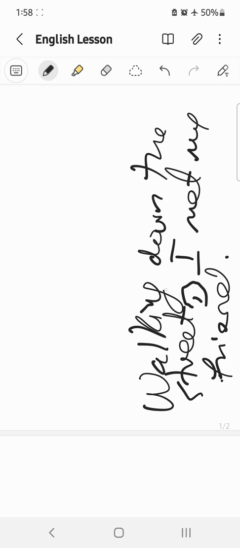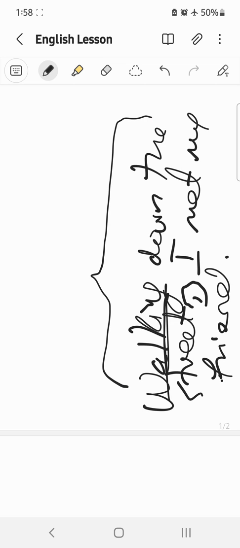All right, so we have walking, which is my participle, okay, down the street, comma, I met my friend. This is called a participial phrase, okay? It starts with your participle, as you can see.